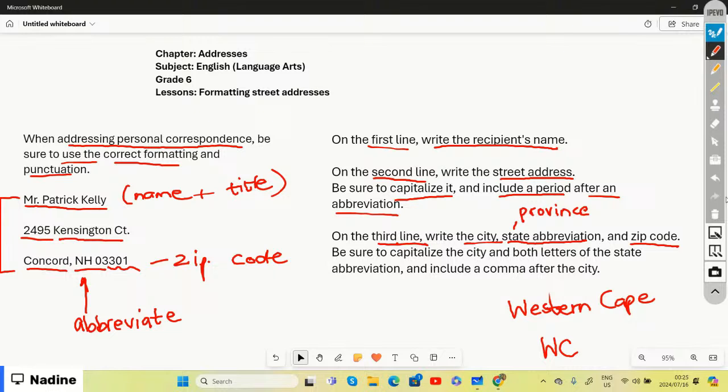Let me just see if there is a difference between a province and a state. Okay, so I now try to Google the difference between a state and a province, right?